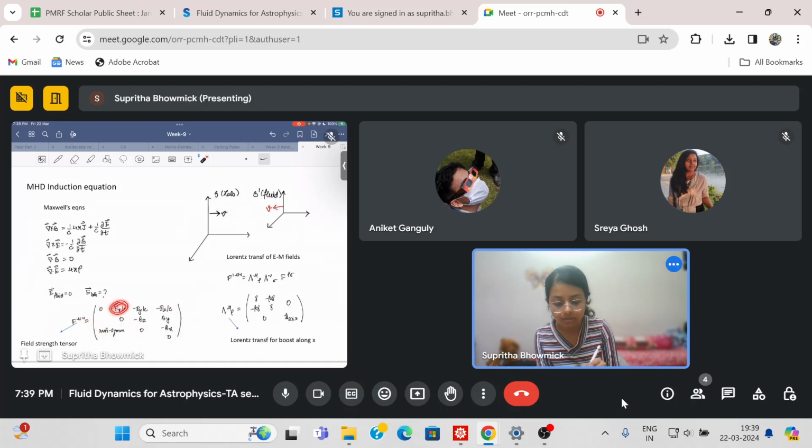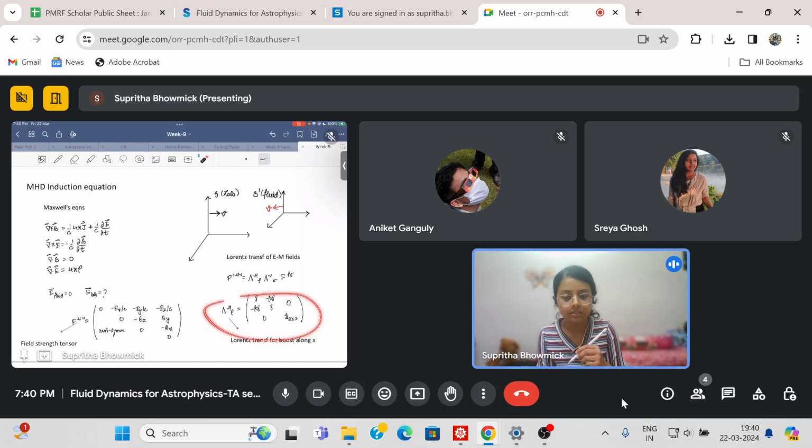Okay. Lambda is a Lorentz transformation matrix. And for the transformation that gives you a boost along the x direction, this matrix looks like this, where you have 0, 0, 0, 0 over here, also here, and this is a 2 cross 2 identity matrix.